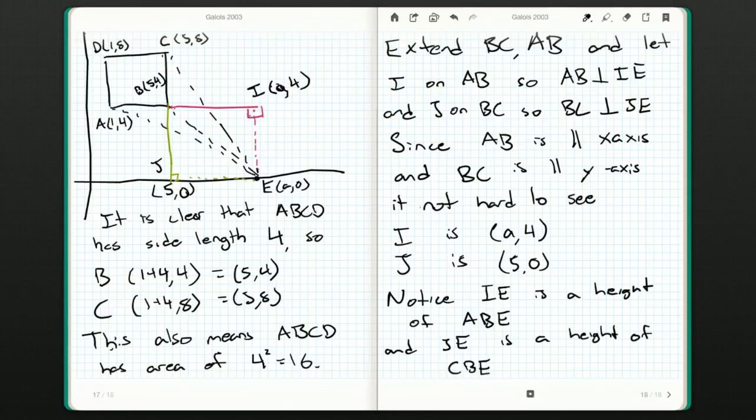That's why we chose I and J so they'd be perpendicular to the extensions of AB and CB. Because then we can let CB be the base, and we know the base is 4. And we know AB is the base of ABE, and it has a length 4. So if we can figure out EI, which we should be able to, it's 4 minus 0, so it should be 4. And we can figure out the height of CBE, it's just the length of JE, which is going to be A minus 5. We should be able to put all this together.